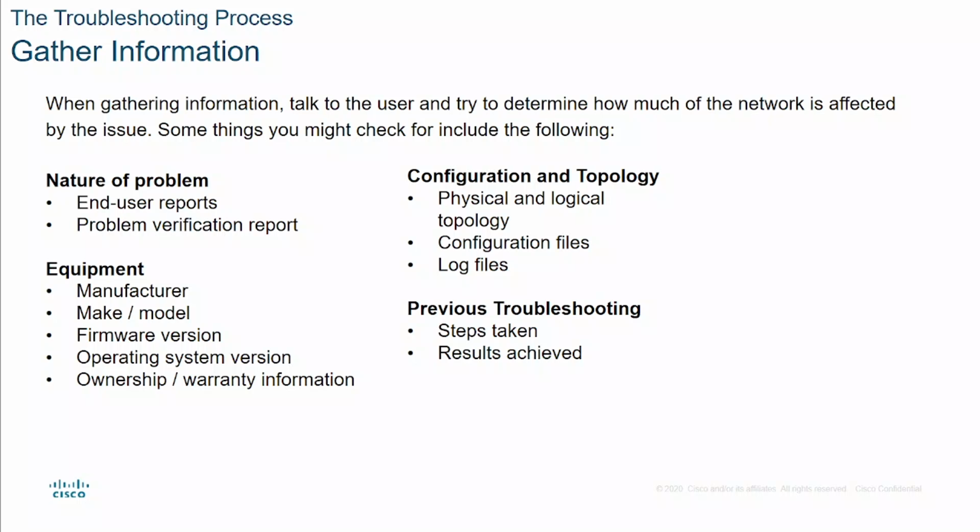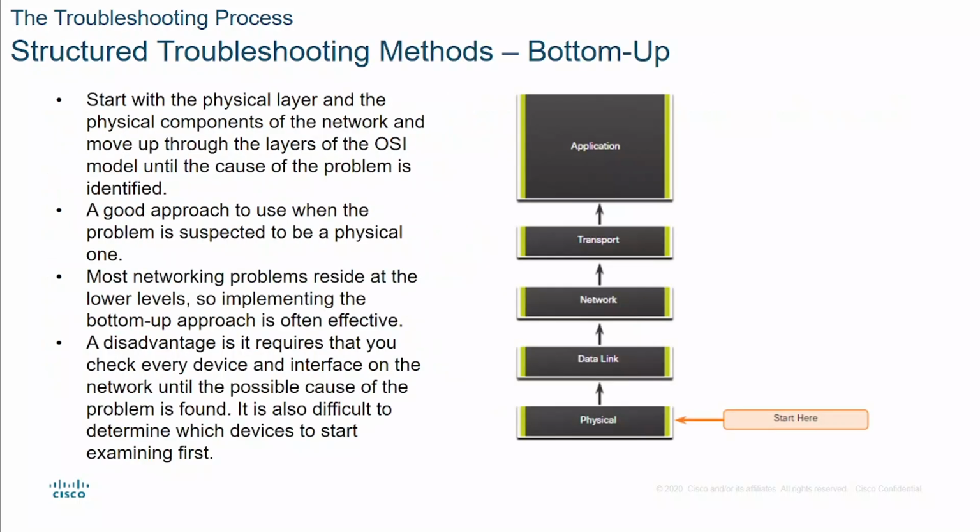Also check previous troubleshooting, whether any has occurred on the system, so that you can track where the problem came from. Probably it's from a vulnerability that was left in the previous troubleshooting. So you look out for all that information.